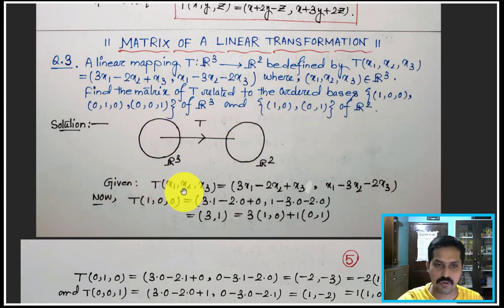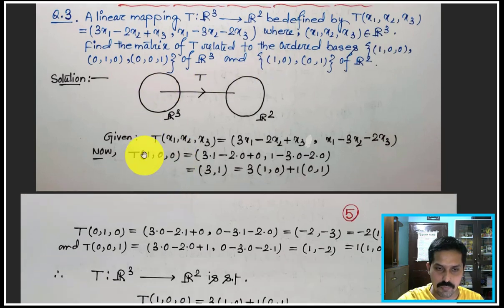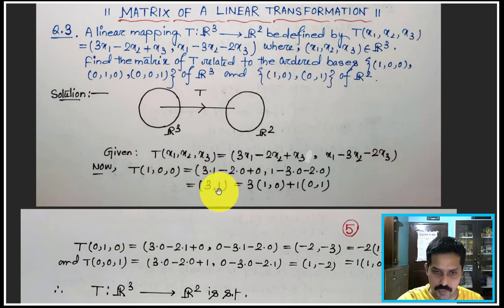Now write down the given T(x1, x2, x3). What will be the value of T(1,0,0)? Here x1 is 1, x2 is 0, x3 is 0. Simplifying, we get (3,1). Now we have to express (3,1) in terms of (1,0) and (0,1): 3(1,0) + 1(0,1), which adds up to this result.